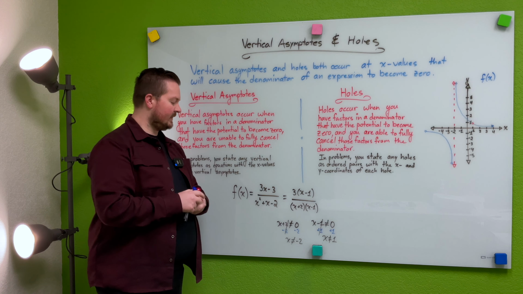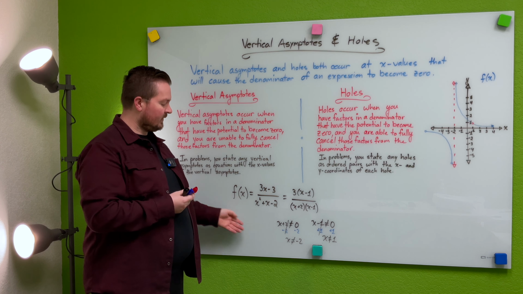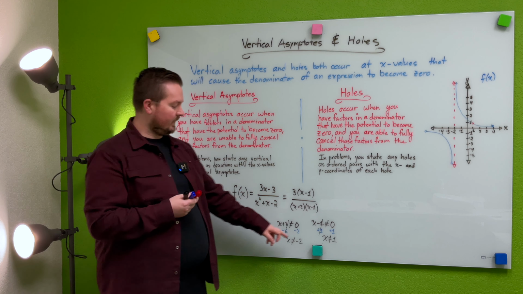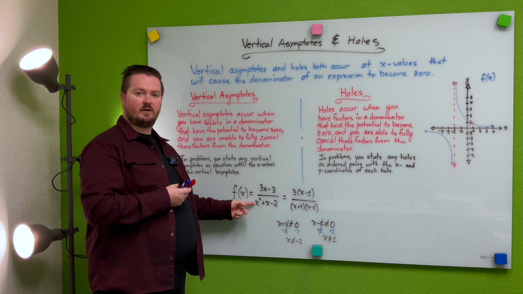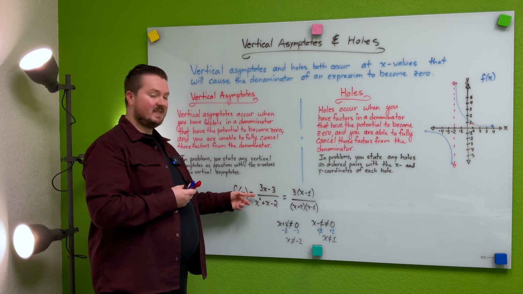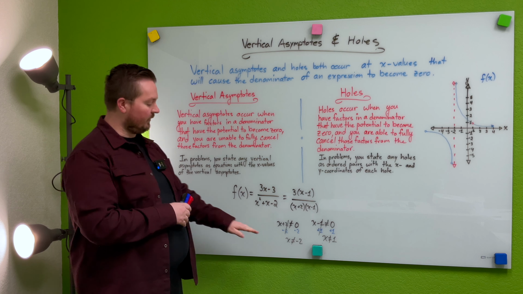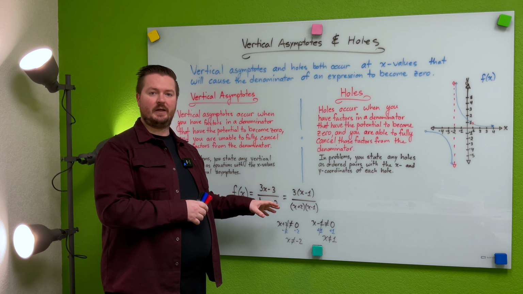If we plug the x value negative 2, or the x value positive 1, into this function, that would cause the denominator to become 0. That means we'd be dividing by 0, which you can never do in math. So these are two x values that we absolutely have to avoid.